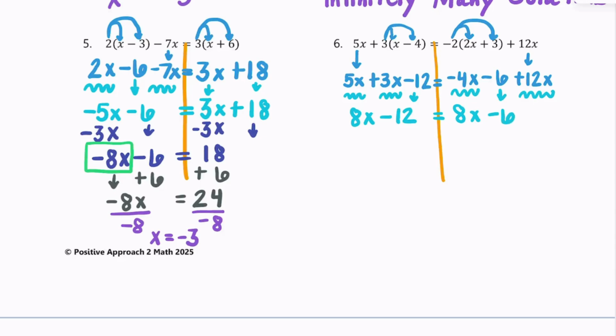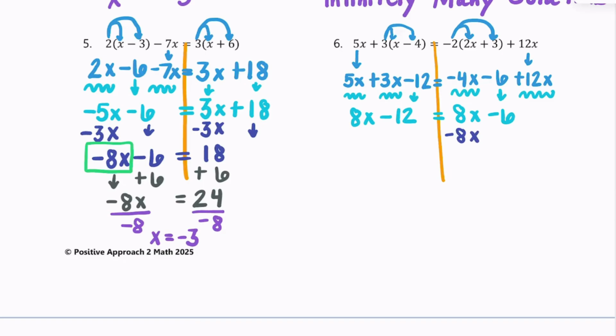Now maybe from here you can see what's going to happen. If so, awesome. If not, we go about business as normal. We say, okay, we have our variables on the left and right. We want to bring everything to one side. I'm going to move that 8x over to the left. It's positive, so I'm going to subtract it.